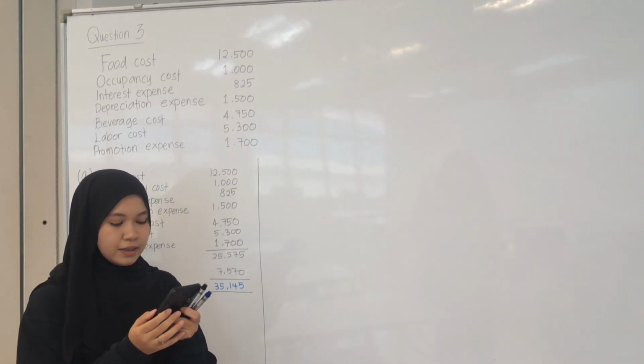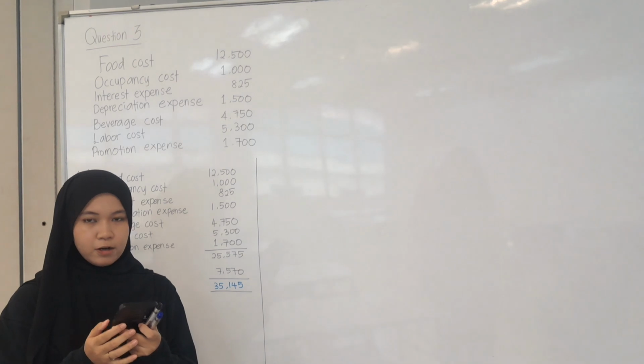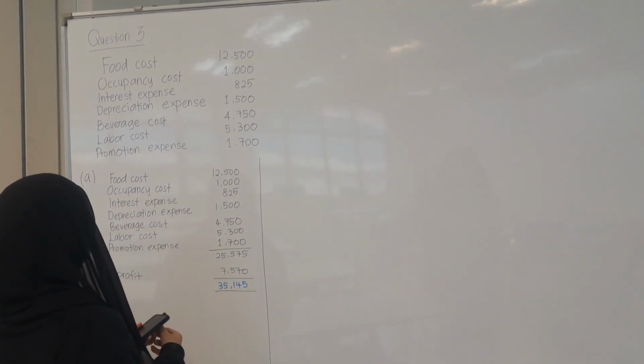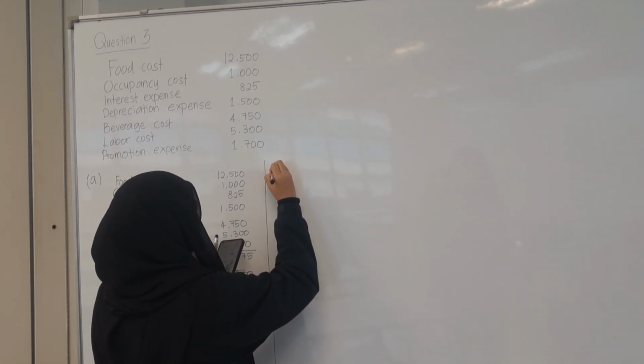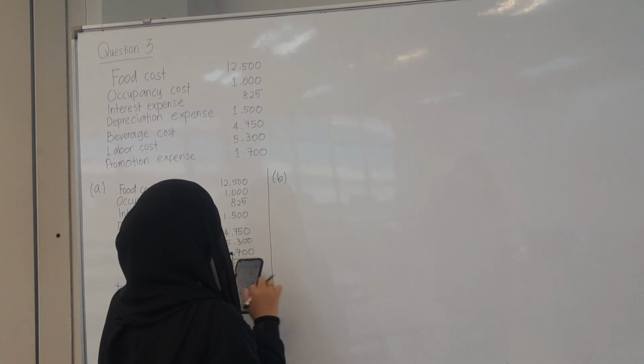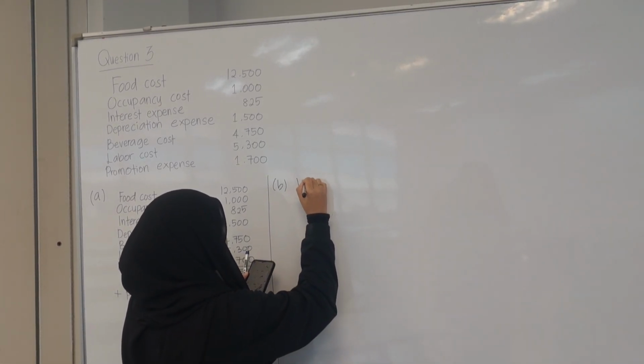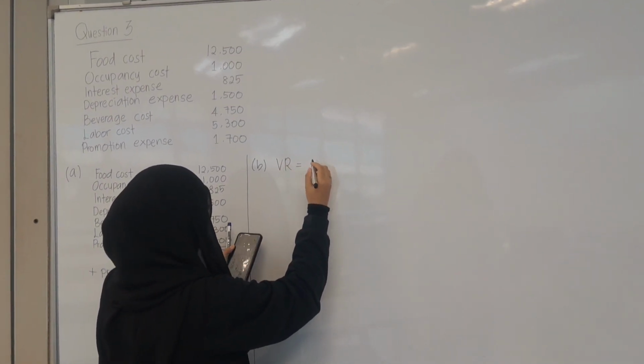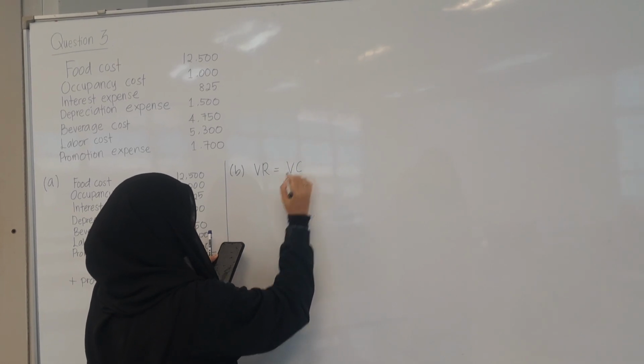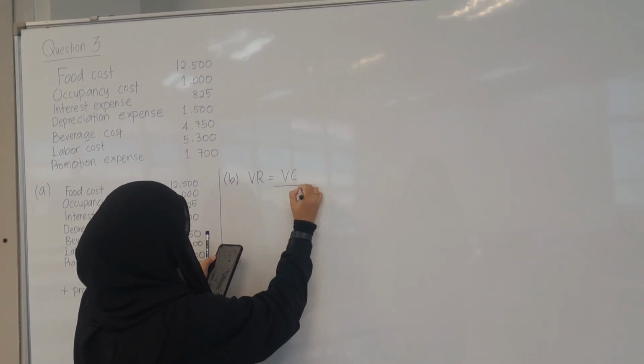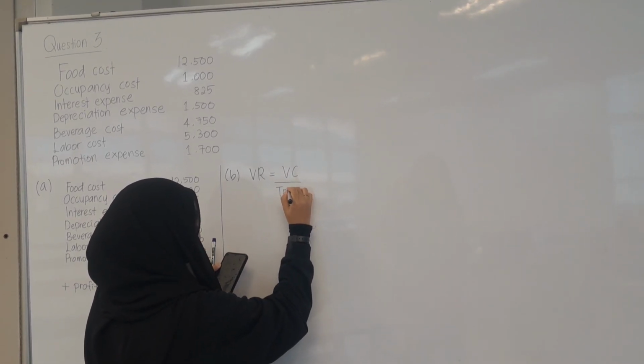Question B is what is the variable rate for the restaurant? To find the variable rate, the formula is VR equals VC, variable cost, divided by total sales.